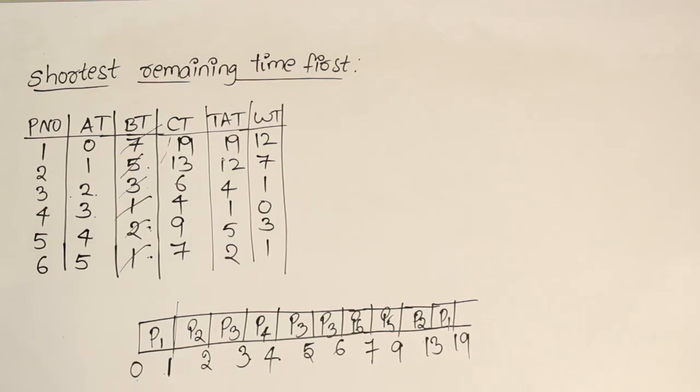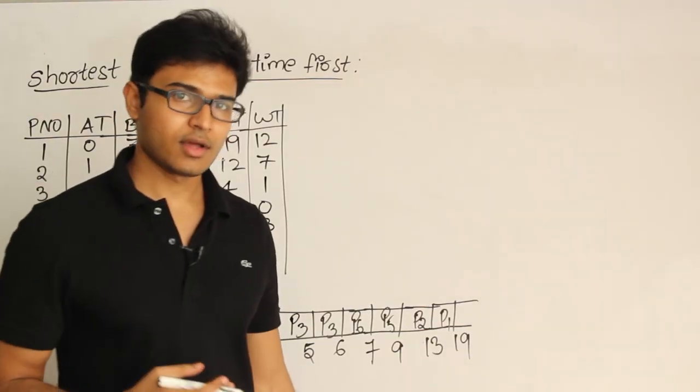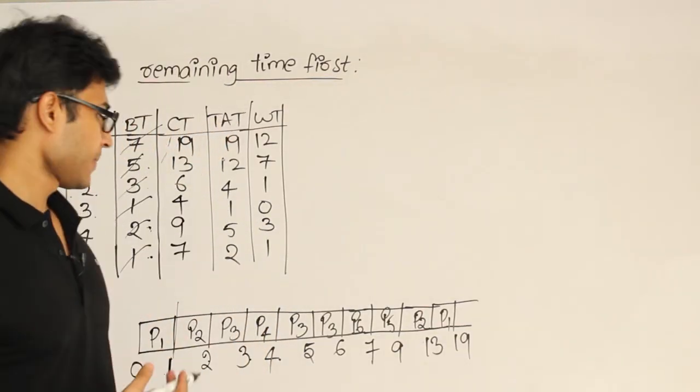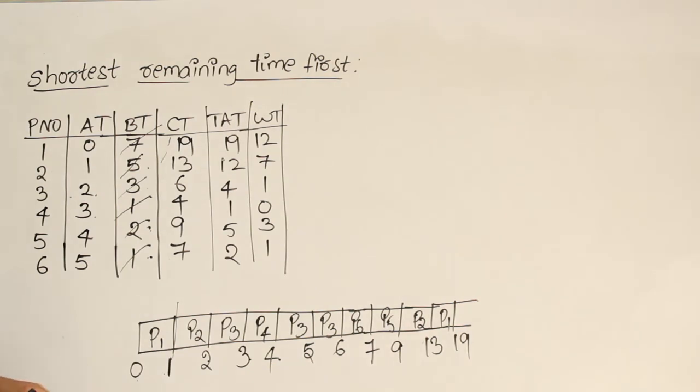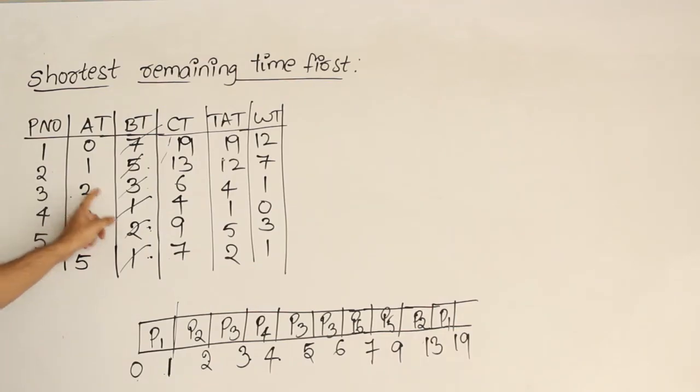And then sometimes they'll ask you what the response time is. Response time is nothing but, after a process has arrived, how long it takes for you to schedule it for the first time. For example, P1 is running immediately, therefore response time is 0. P2 is running at time unit 1, and it arrived at 1, so it runs immediately. P3 arrived at 2 and is running at 2, therefore the response time is 0.